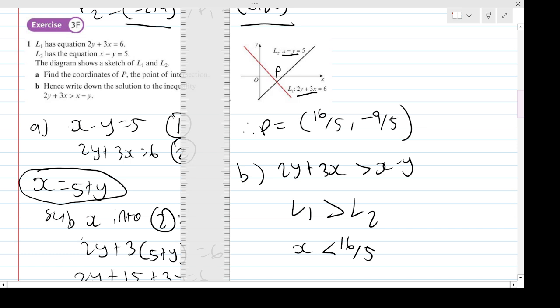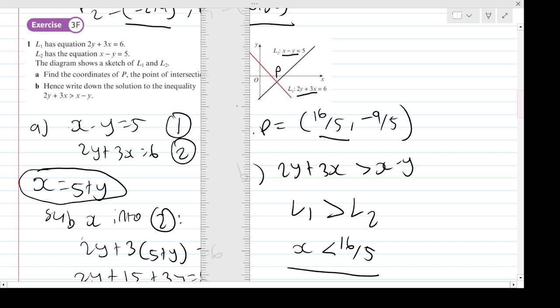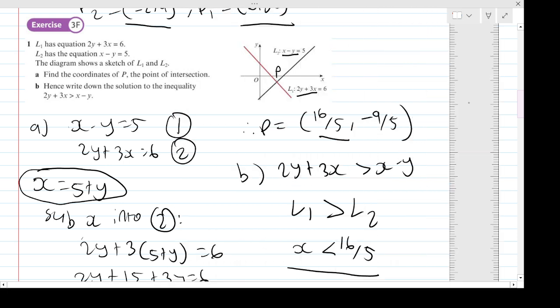Before P, because P is 16 over 5 for x, our solution is x is less than 16 over 5, because before it reaches 16 over 5, that's when L1 is bigger than L2, which is the same as this inequality here. Cool, so hopefully you start to see the strategy and the idea behind it now.